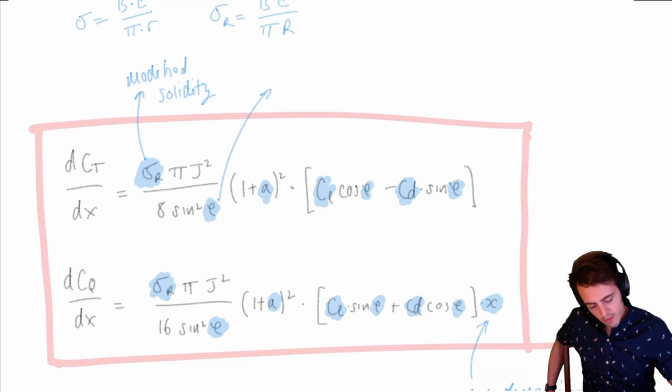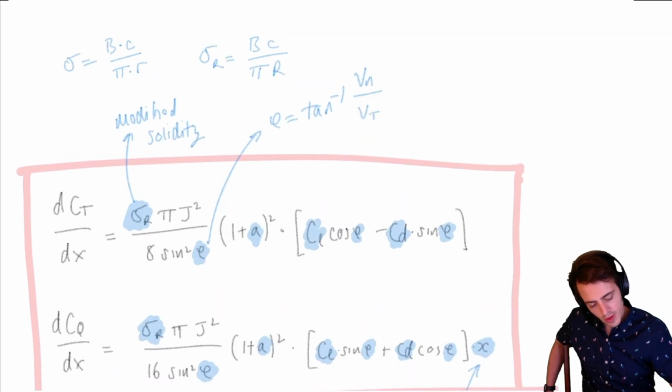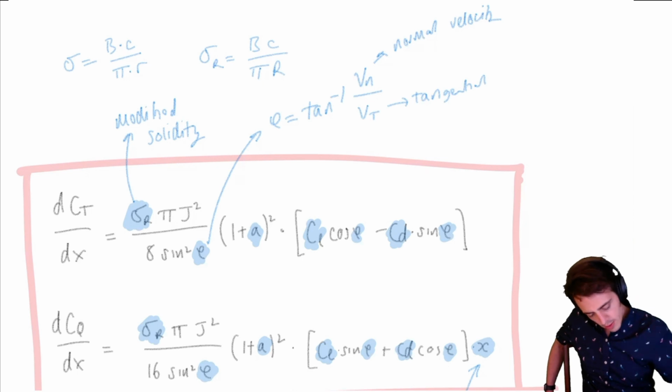We've got phi, which is equal to the arc tangent of Vn divided by Vt. So this is our normal velocity, our tangential velocity. We've then got a.